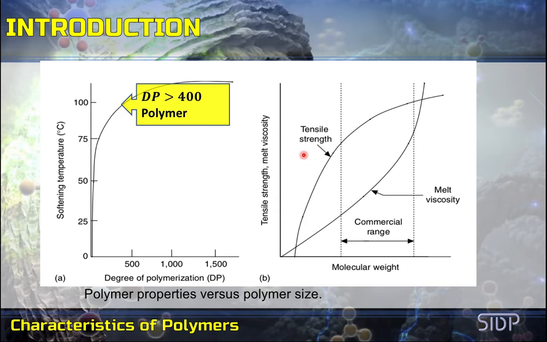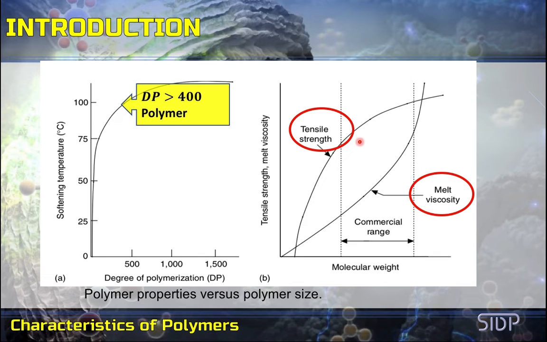The relationship of such polymer properties as tensile strength, impact strength, and melt viscosity with molecular weight is indicated in this picture. Note that the strength properties increase rapidly at first as the chain length increases and then level off, but the melt viscosity continues to increase rapidly.